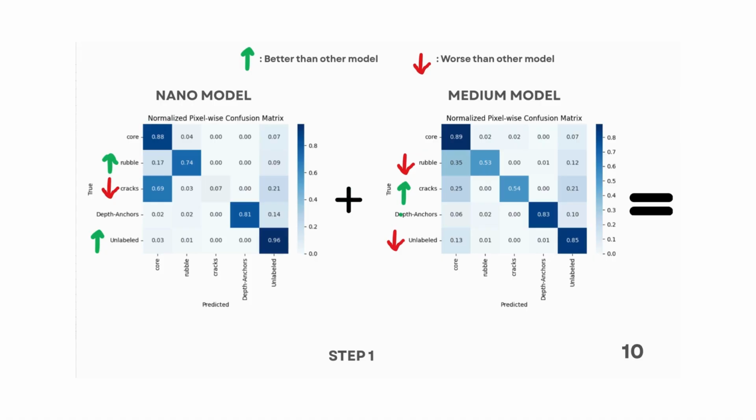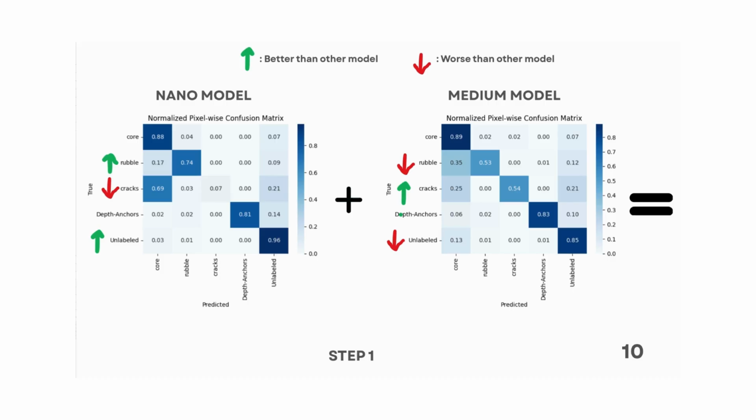However, as seen in the bottom right box, the unlabeled box, the nano model would not segment the background as anything else. But when taking a closer look at the medium model, we see that it had worse rubble segmentation, but it did perform relatively well in the cracks when compared to the nano model. And depth anchors were relatively the same for both.